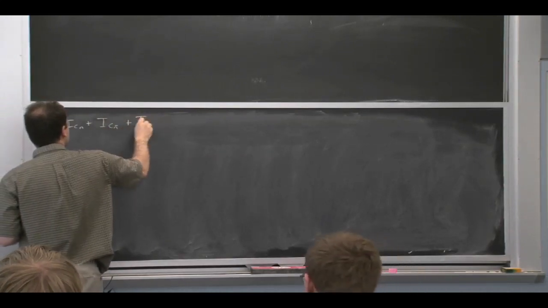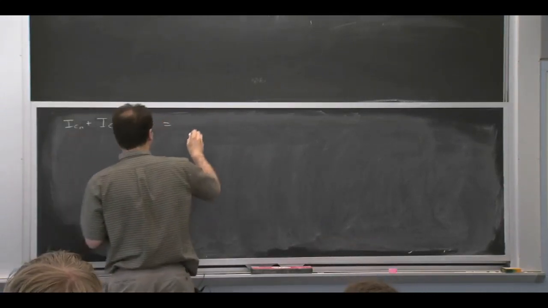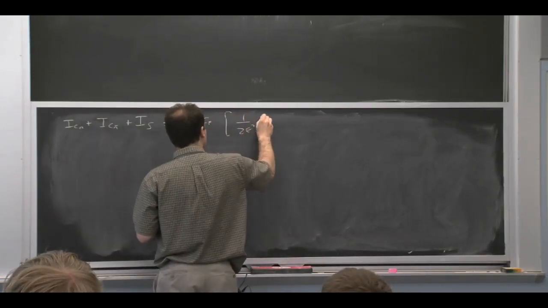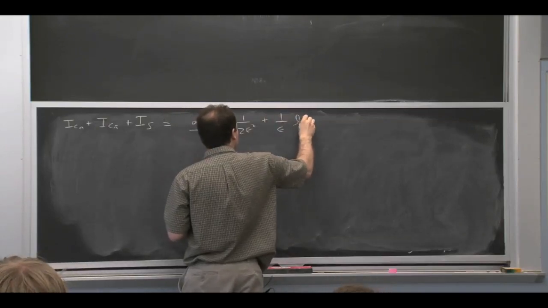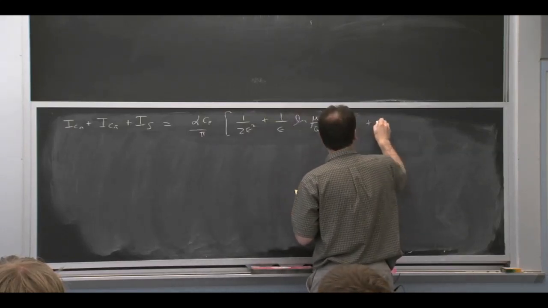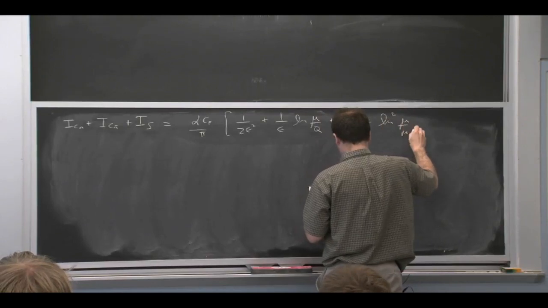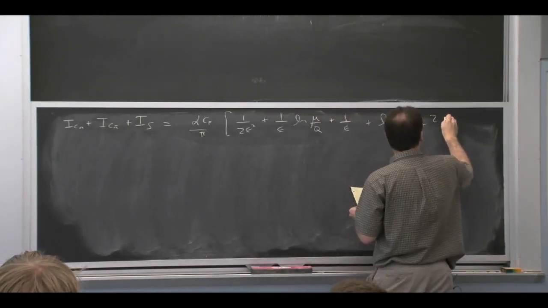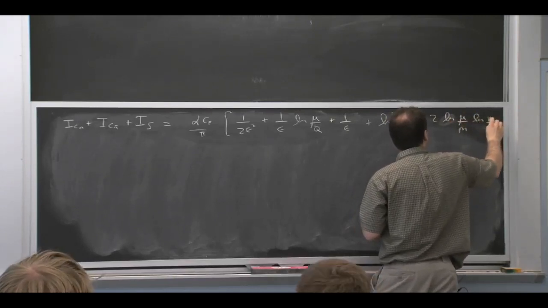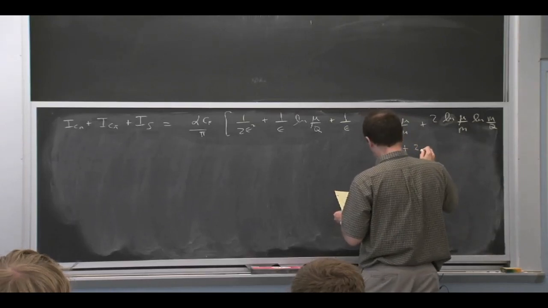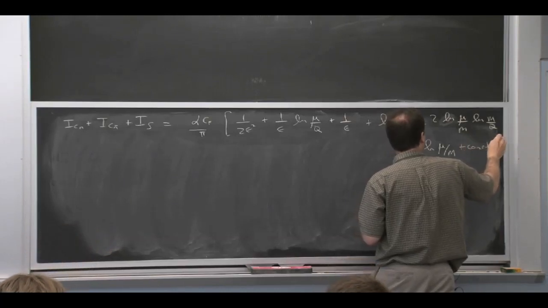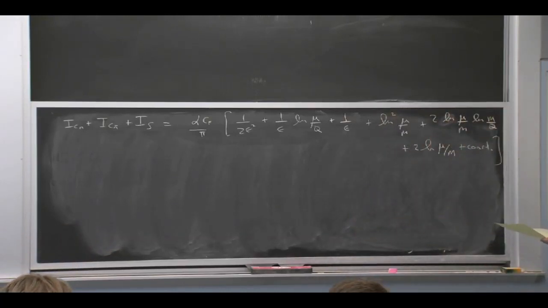1 over etas cancel, and so do all the logs of nu. I'm left with a log of mu over q, 1 over epsilon pole, double log, some types of single logs, there's another type of double log, so it would look like that, all the nu dependencies canceling away.